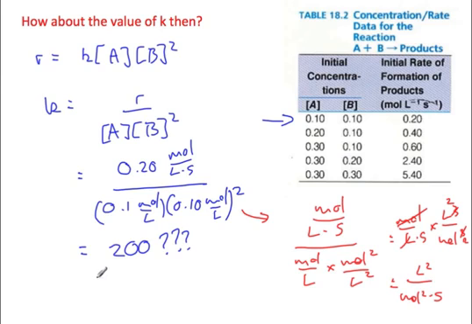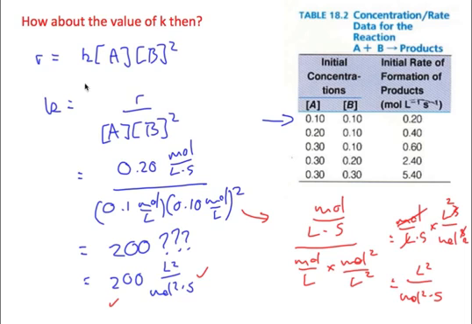The actual rate constant K is 200 liters squared per mole squared second. So it's important you realize the calculation of the rate constant is important, especially the units. And typically on my tests, you get 1 mark for the number and 1 mark for the unit. So you do have to analyze your units carefully.